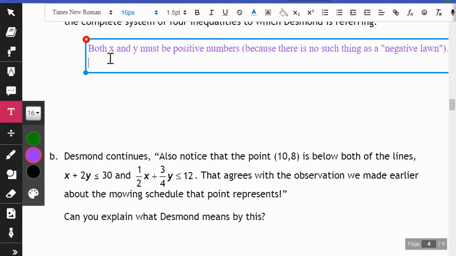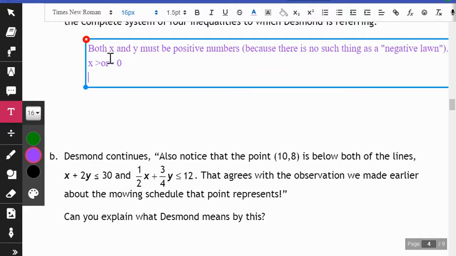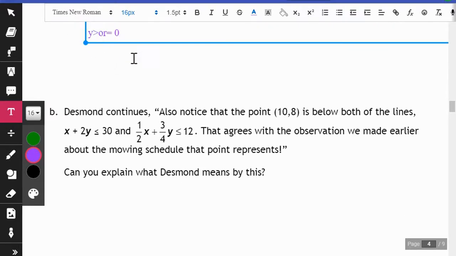Okay, so the other ones are x has to be greater than or equal to 0, and y has to be greater than or equal to 0. And that's what they're looking for.